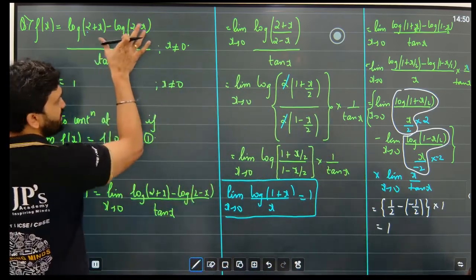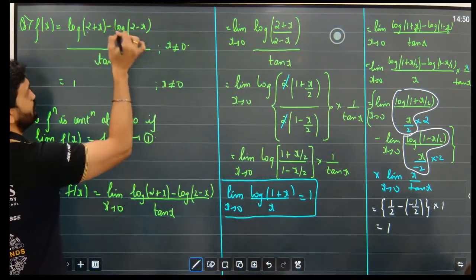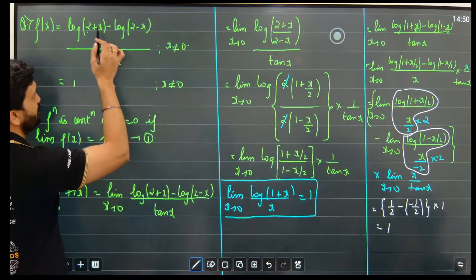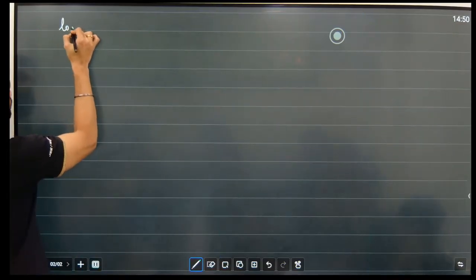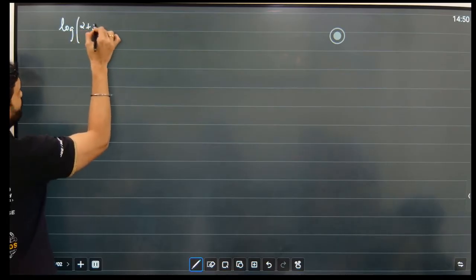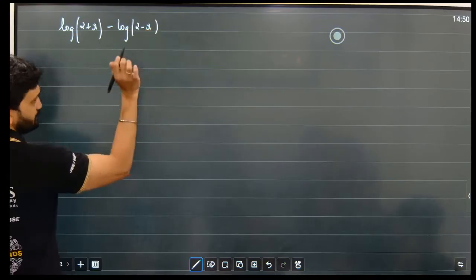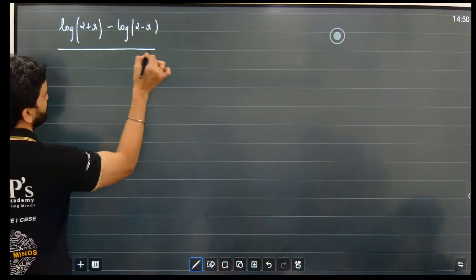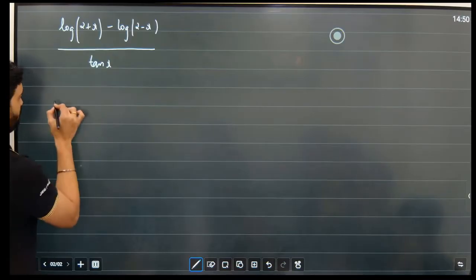We got the same thing here, but see the difference. Here you can directly, and some people take directly as 2. Now I'll just explain how we can take it directly also. Log of 2 plus x minus log of 2 minus x upon tan x. I'm just teaching you how you can take it common.